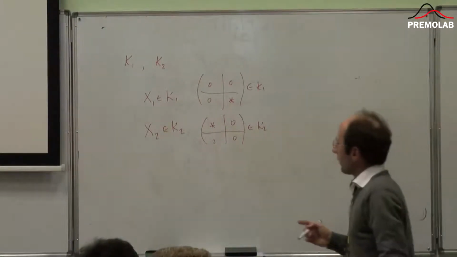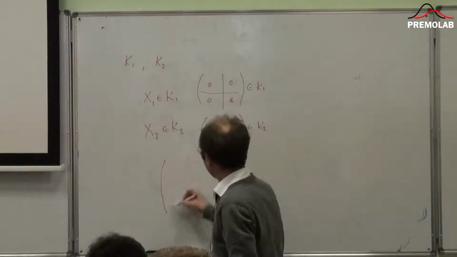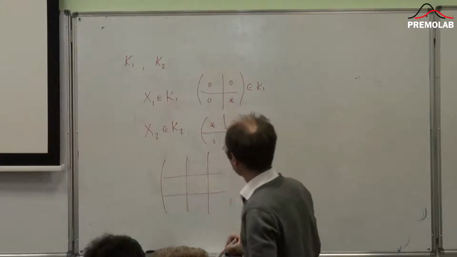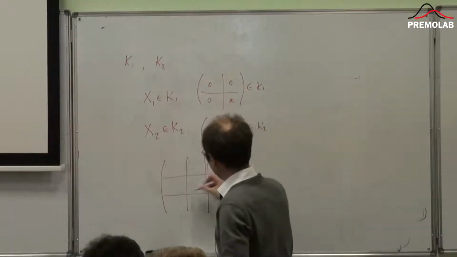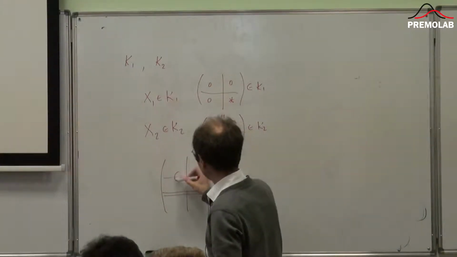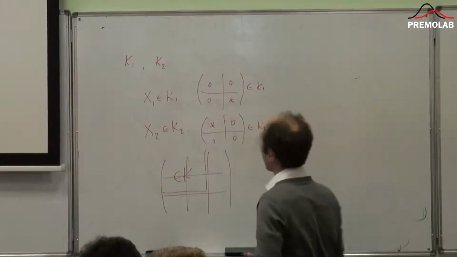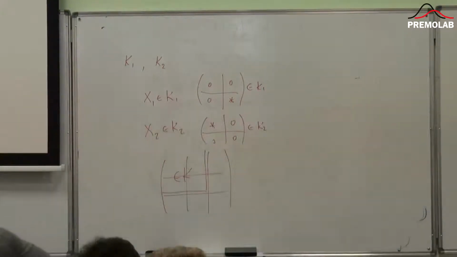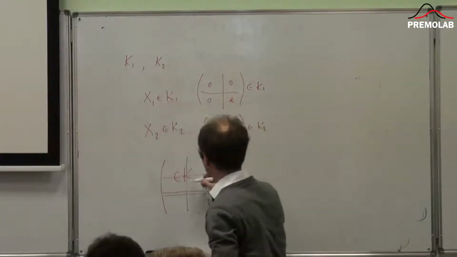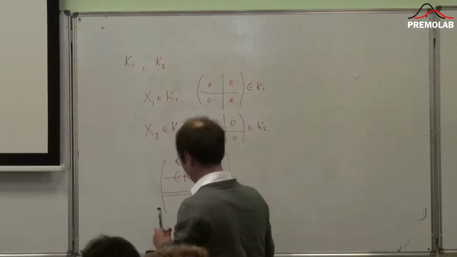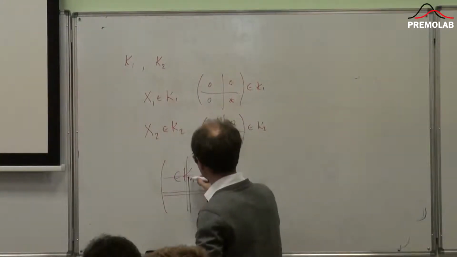And then we may construct a new cone, which is partitioned in 9 blocks, where this here is in K1, and this block here is in K1, and this is in K2.